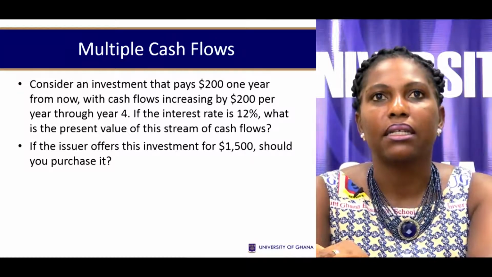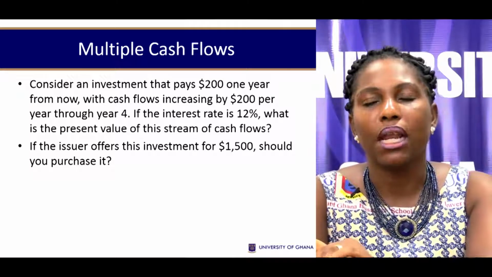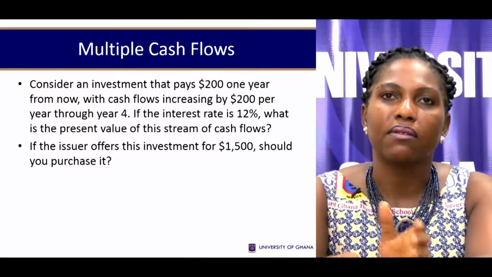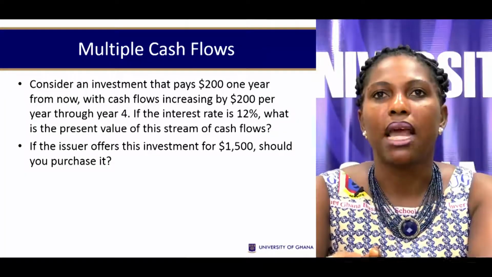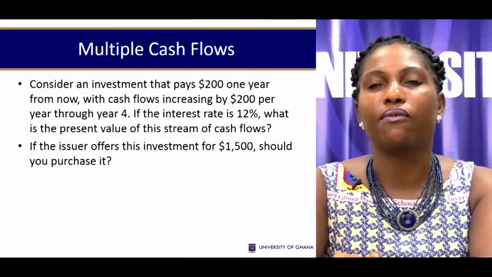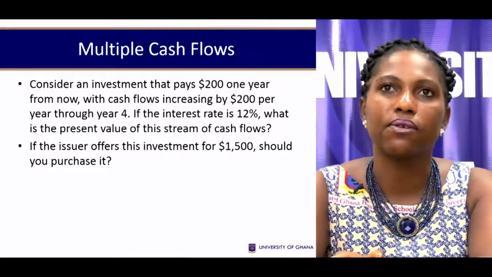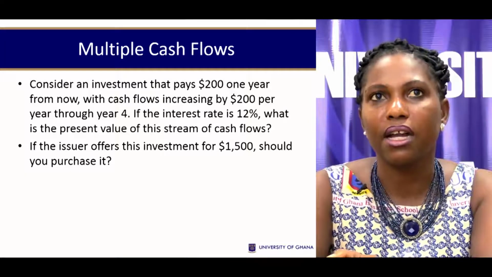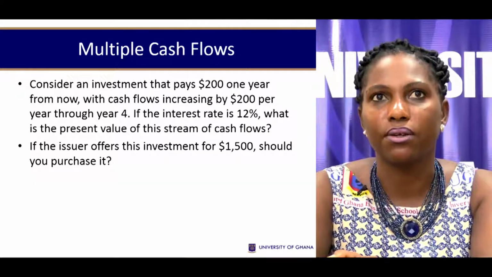On the other hand, if you're looking at present values and they are also not identical in terms of timing and amount, then you use the present value formula for each of the cash flows, and then you sum up the total to get your composite value in terms of present values.